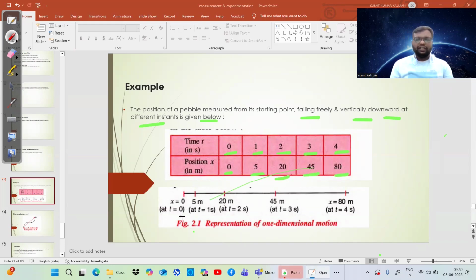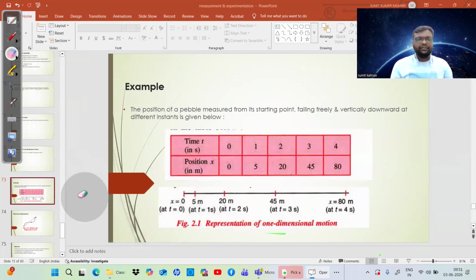This is the representation of one-dimensional motion: 0, 5, 20, 45, 80 at different times. So this was all about the representation of one-dimensional motion.